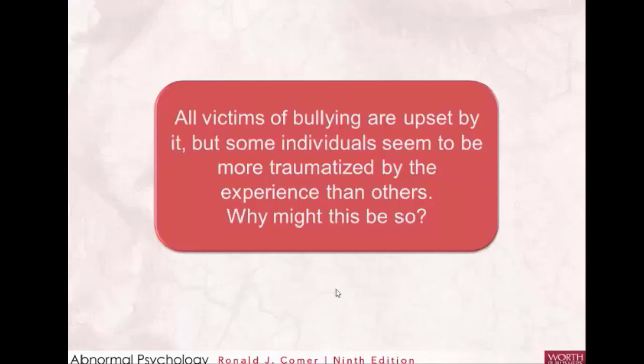So if an individual has experienced bullying, but they have a good, loving, stable home life, consistent parenting, and they have good social relationships, they have friends that they can talk to, if they have some history of success, maybe academic success or success in other areas, I think those individuals are more likely to be resilient.